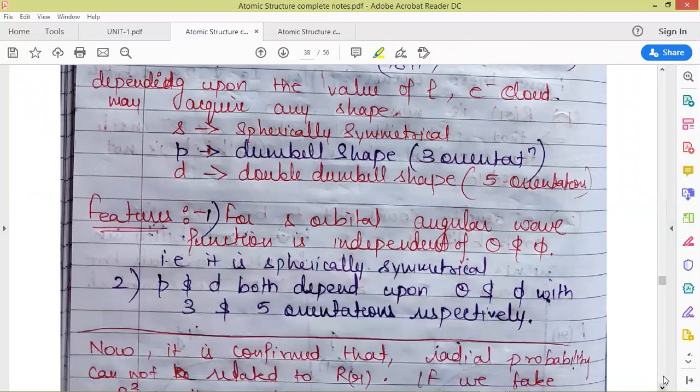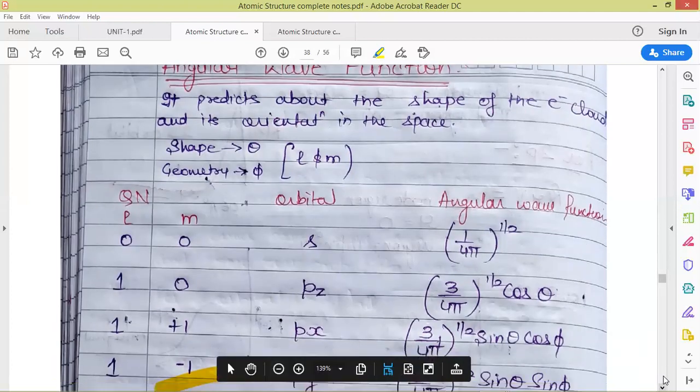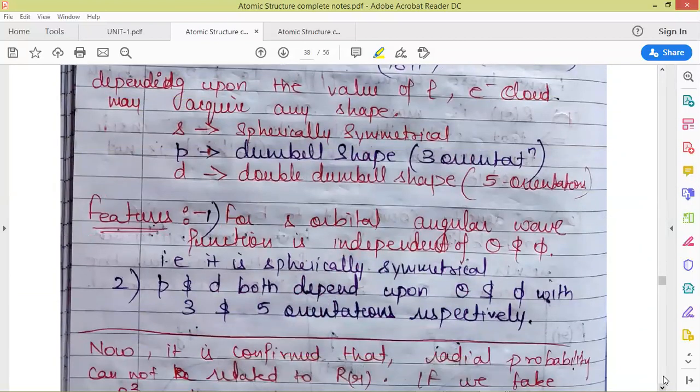For the s orbital, the angular wave function is independent of theta and phi, as we have already discussed. It comes out to be a constant, so it is spherically symmetrical. For p and d, both depend upon theta and phi, so they have 3 and 5 orientations respectively.